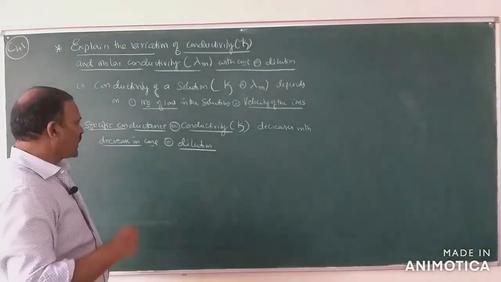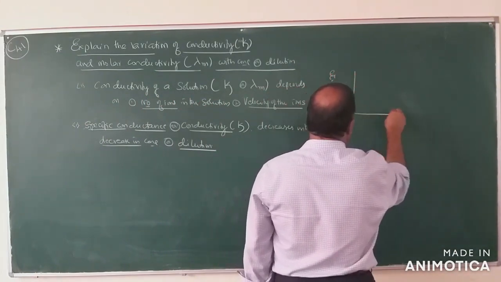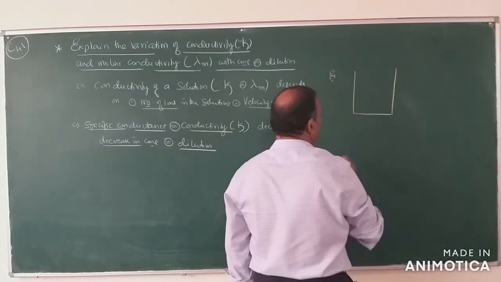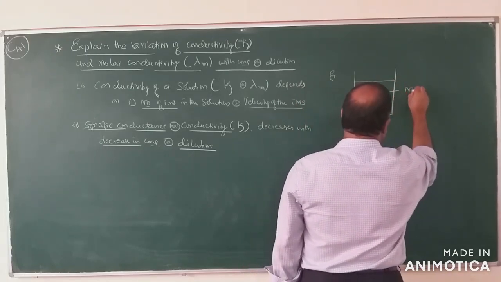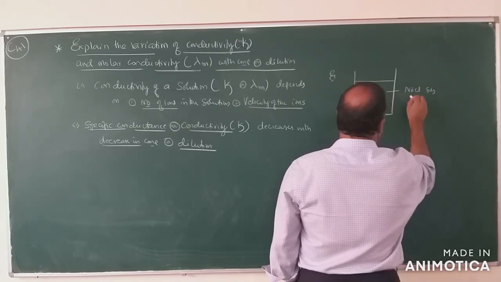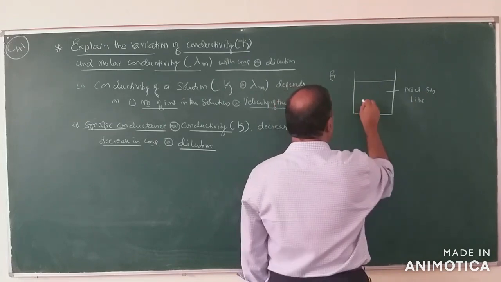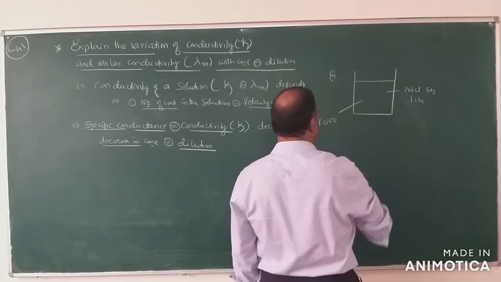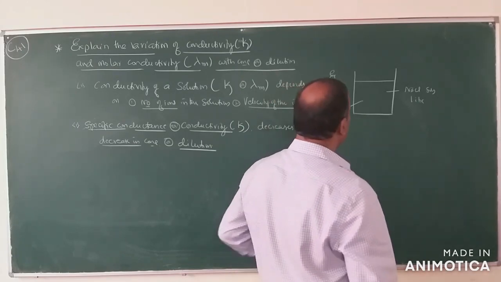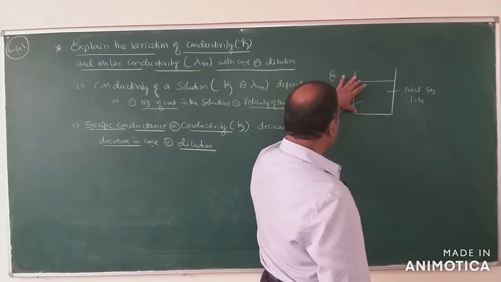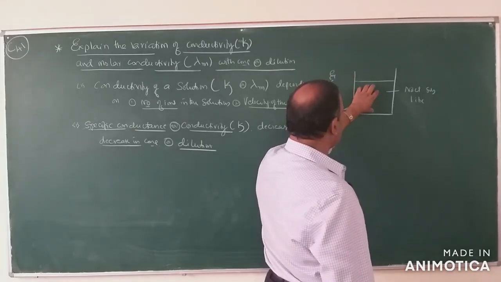For example, here is a solution. Say 1 liter of NaCl solution. Suppose there are 1000 molecules in this solution. So it is 1 liter solution and the number of ions in this solution is 1000.